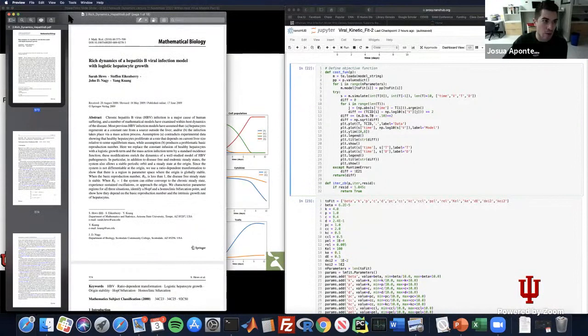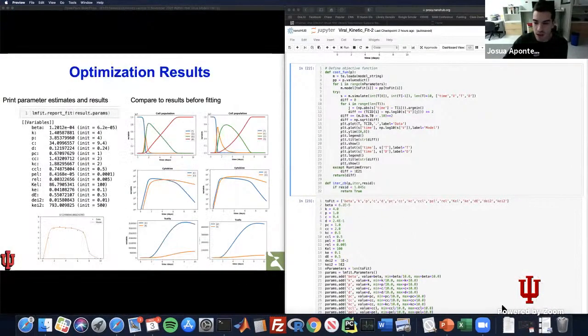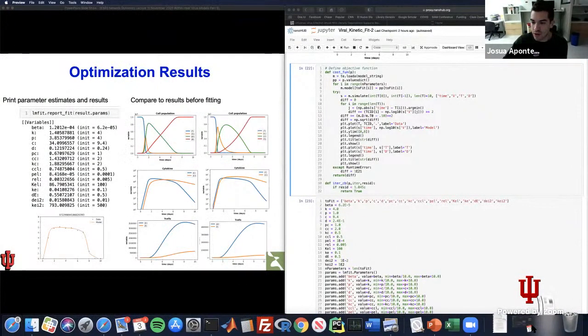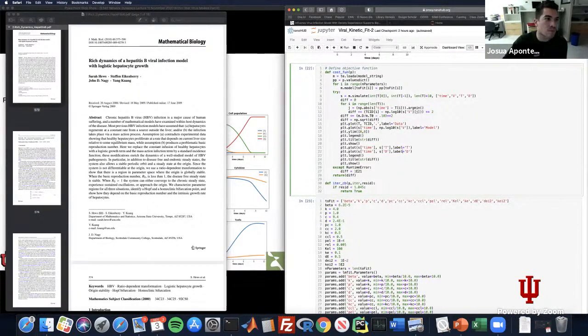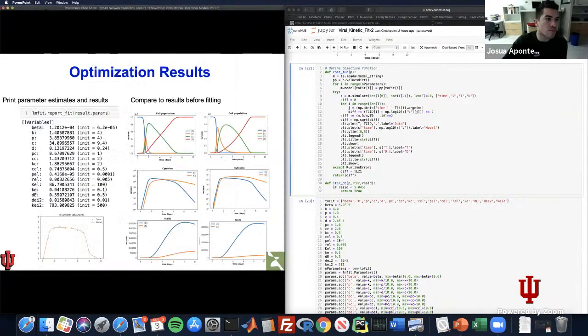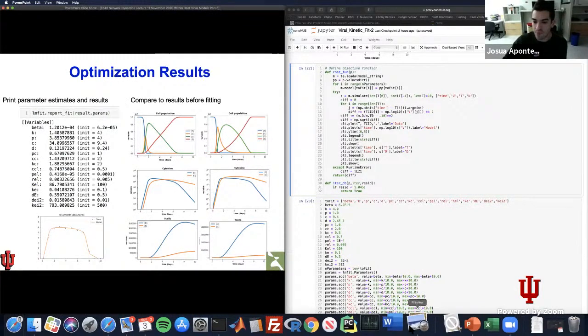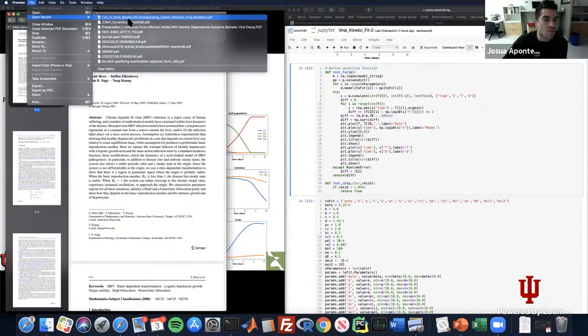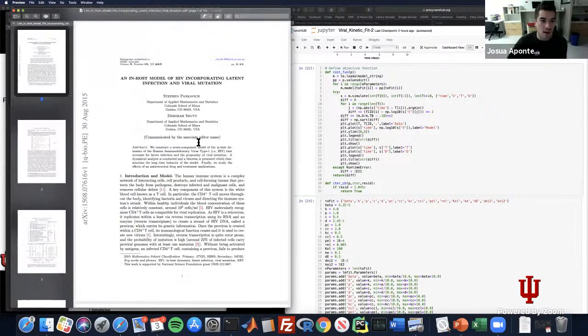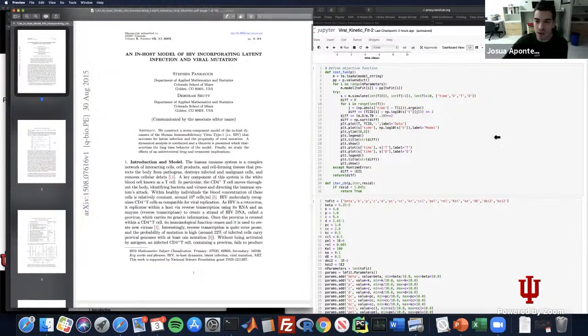Okay. So the first paper that I shared is called an in-house model of HIV incorporating latent infection and viral mutation.